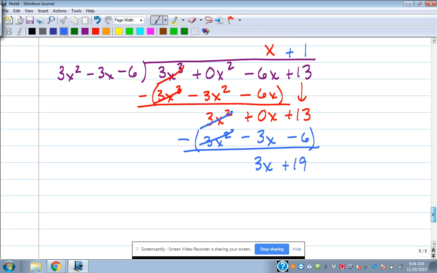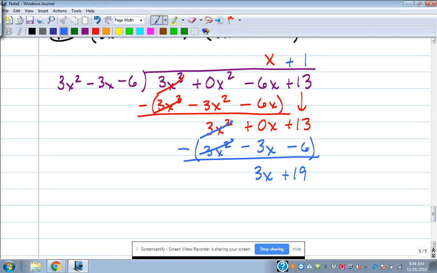Now, can I divide any further? No. That's my remainder because the degree of it is smaller than my divisor. Our divisor was x squared, that's a plain x. I'm done. So x plus 1 plus 3x plus 19 over 3x squared minus 3x minus 6.